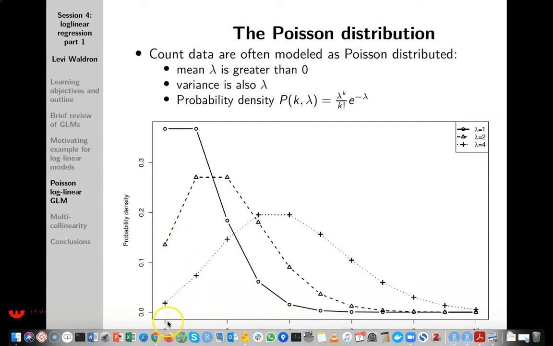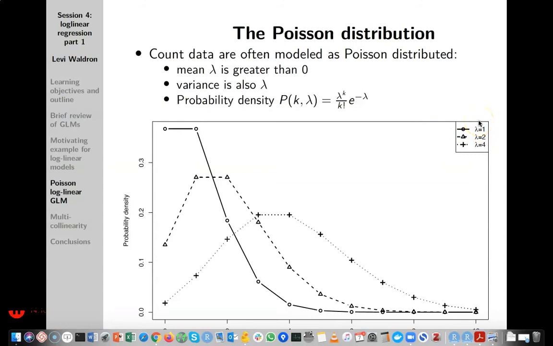So this is 0 to 4. You'll see that it has data points here and just probabilities for the integer values. This has only one parameter.